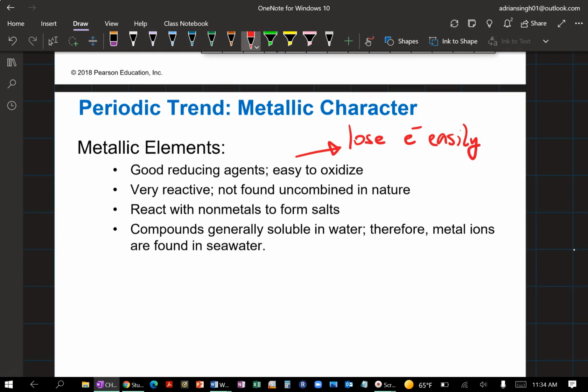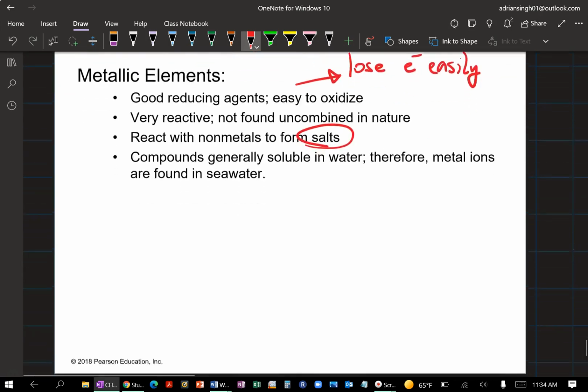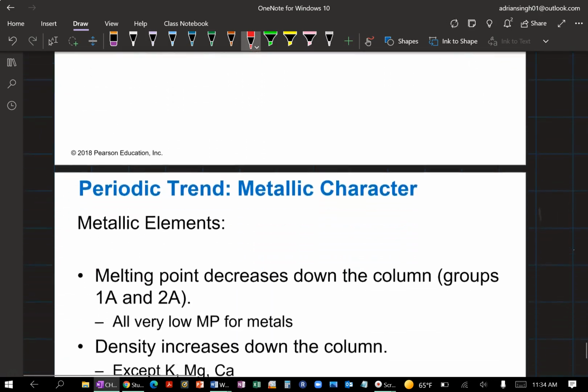They are very reactive. They tend to combine with other things very easily. For example, they react with nonmetals to form different types of salts. And those compounds usually dissolve in water very easily, and you find them in things like seawater, for example.